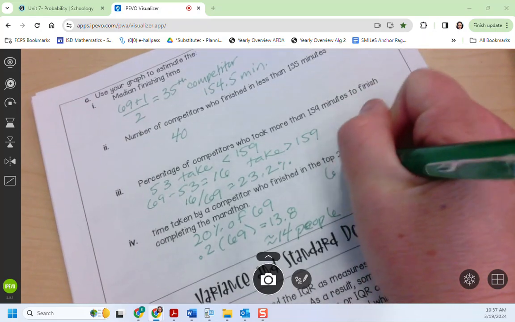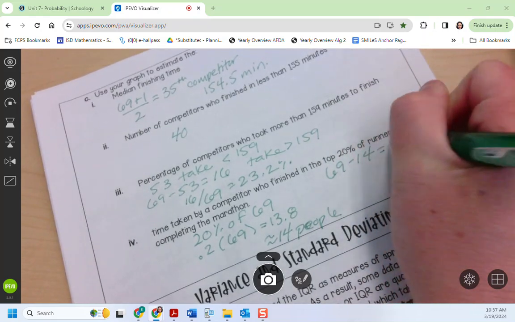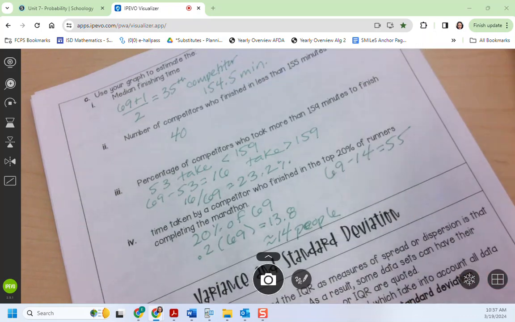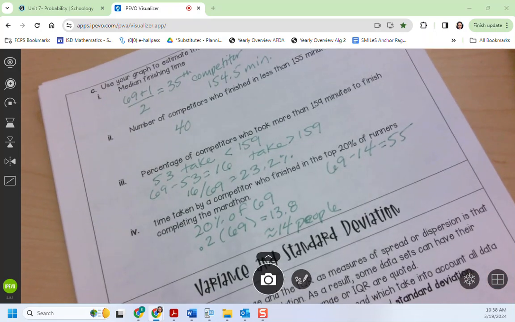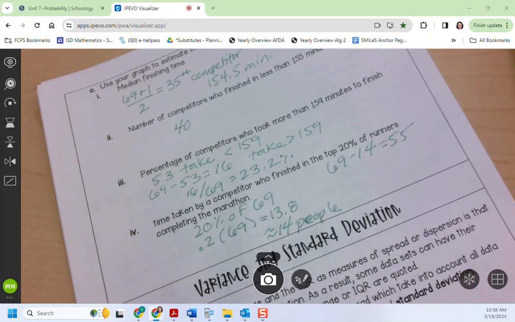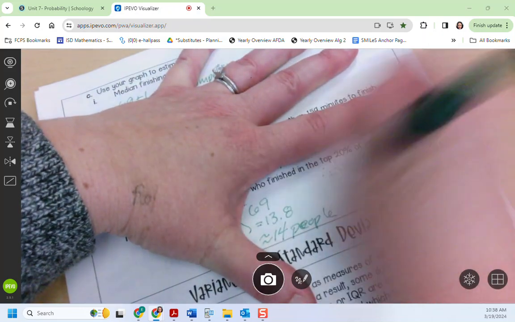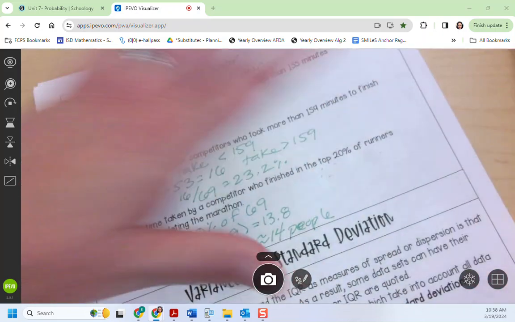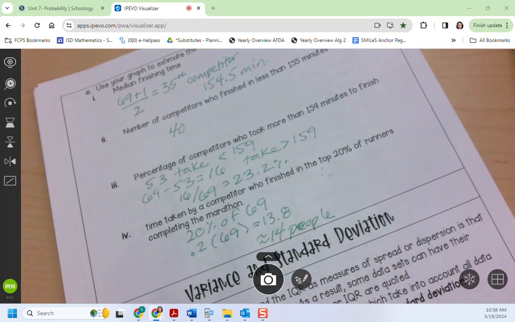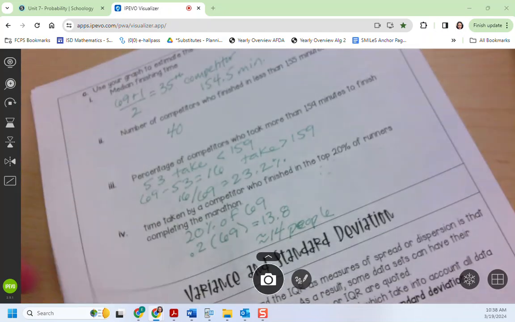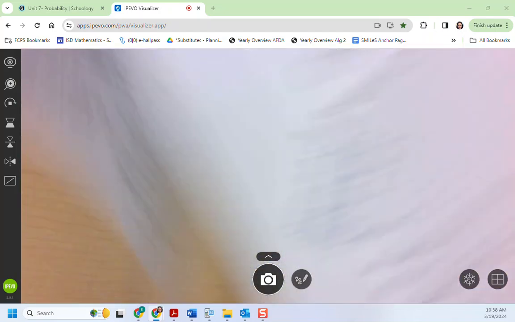So we're looking for the time taken. Yeah. Wait. Oh no, because we want 14, because you want to have a low time for this. So we're going to look for the 14th person. Yeah. So you want to have a low time in a marathon. So let's look for the 14th person on the graph. Turn back again. All right, so it's going to be just underneath that 15 line.